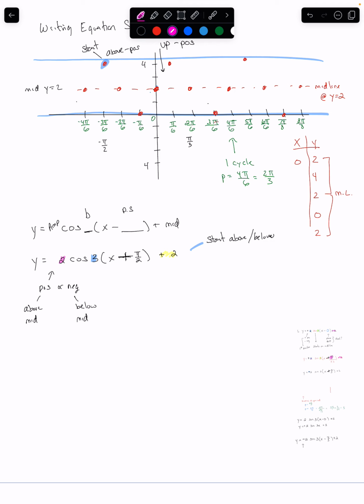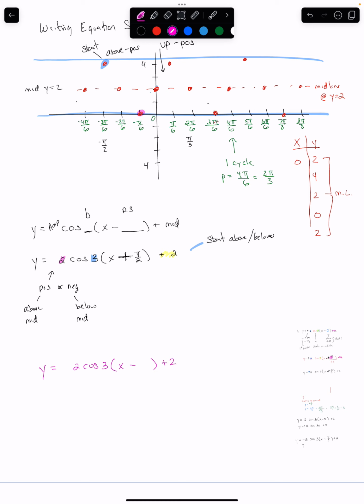Let's choose another coordinate. Let's say I chose this one, negative pi over 6. So pink here, I got y equals 2 cosine 3 times x minus my phase shift plus 2.